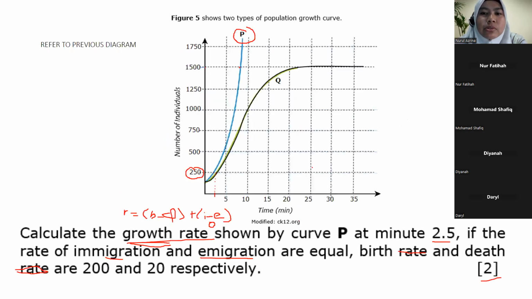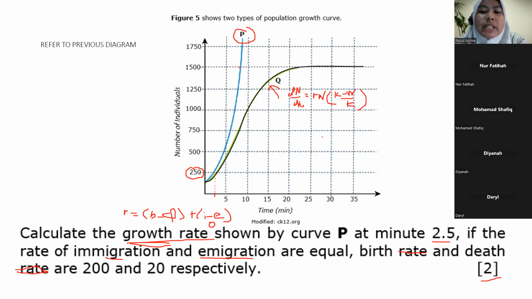Okay, curve Q. Curve Q adalah logistik. Apa rumus change of population size for curve Q? dN over dt equals to rN (K minus N) over K.